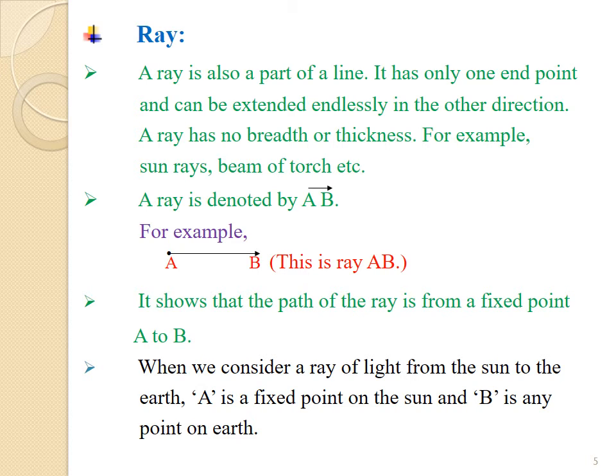When we consider a ray of light from the sun to the earth, A is a fixed point on the sun and B is any point on earth.